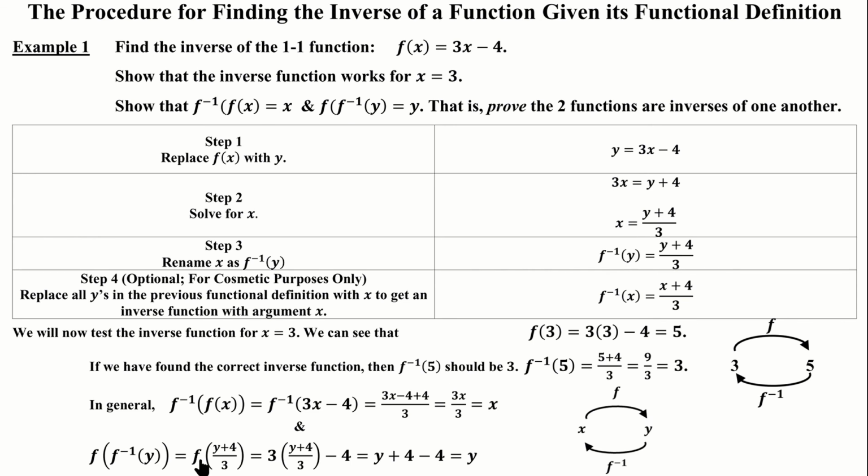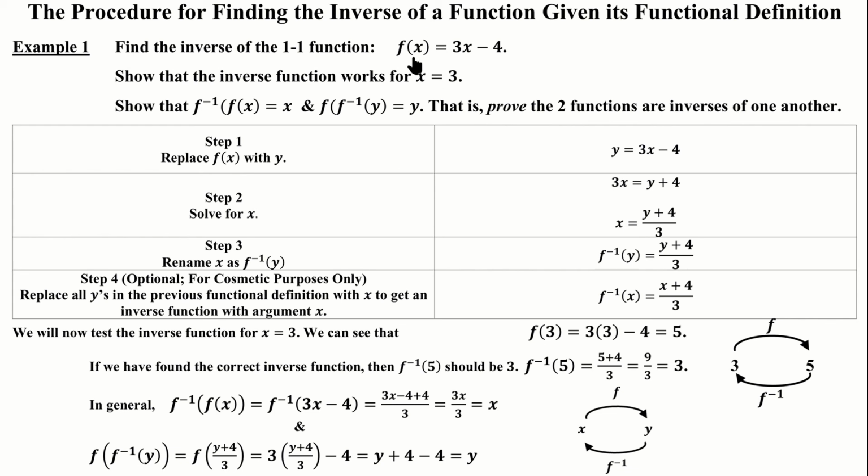So f inverse of y is y plus 4 over 3, and f of f inverse of y is just going to be f of that, which is just what f inverse of y is. Notice now we need to apply the action of f to this input.